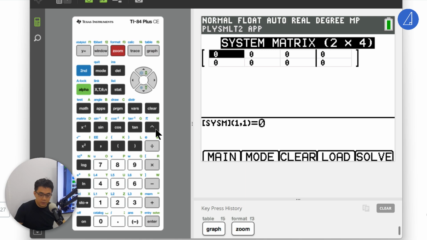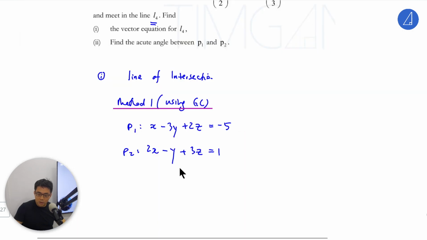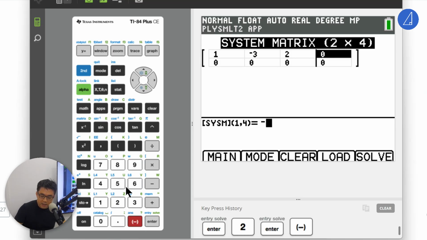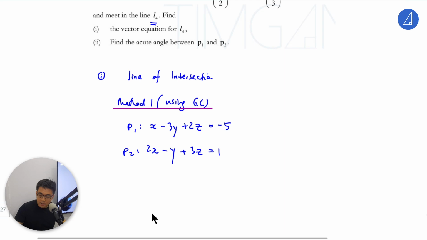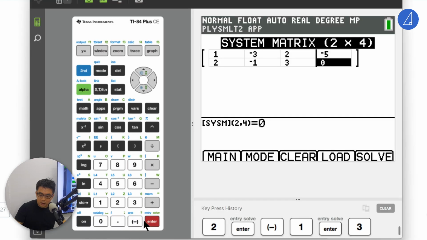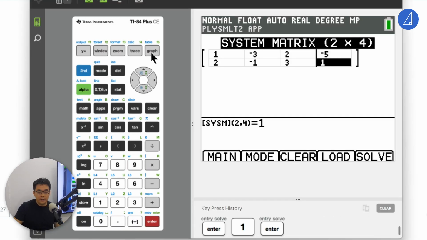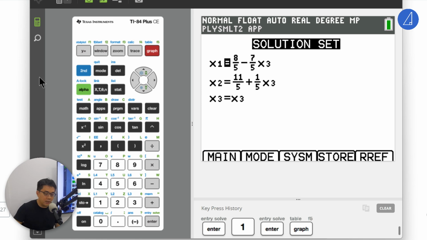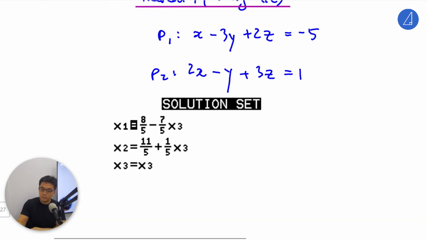Okay, this is pretty straightforward. 1, -3, 2, -5, then 2, -1, 3, 1. Solve it, and you get this here. Remember, this side is x, y, z, and this here is your lambda.